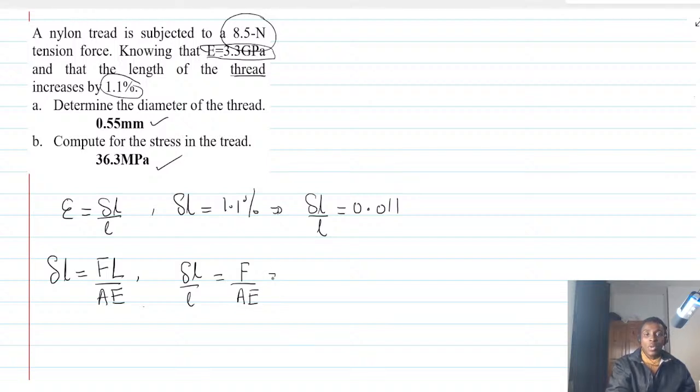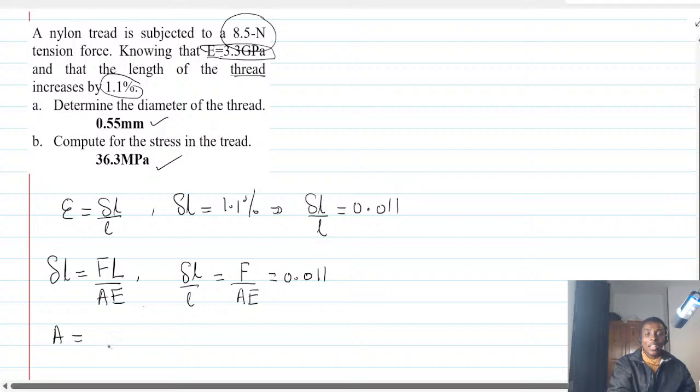And this is what we know as 0.011. So you see the way the question was twisted. Now that you know this, you know the force, you know the Young's modulus. So you can say that the area was 0.011 multiplied by what?